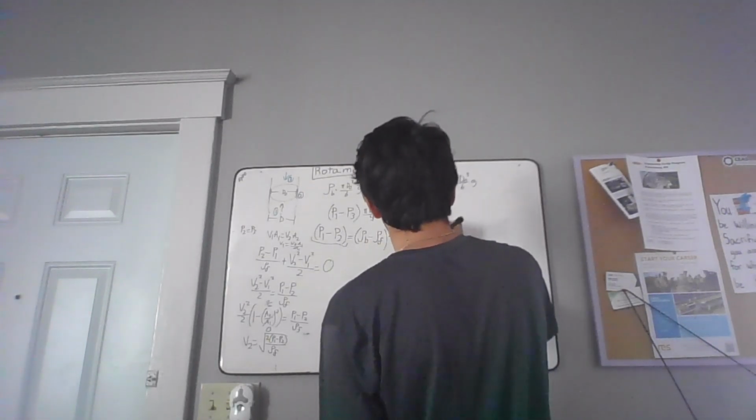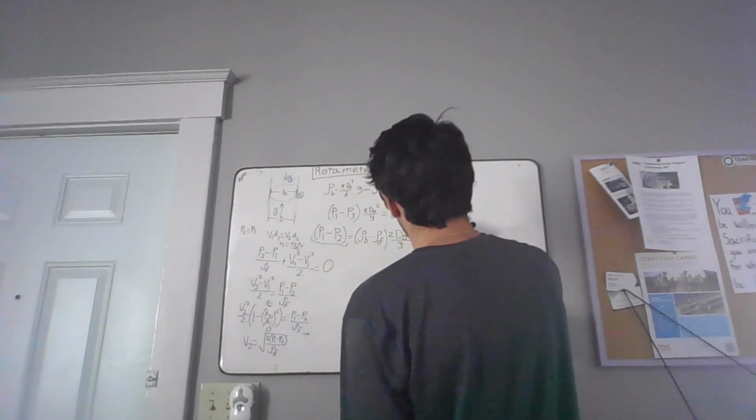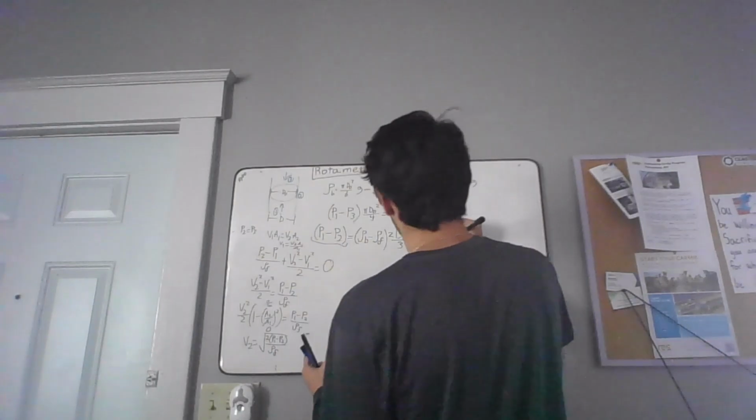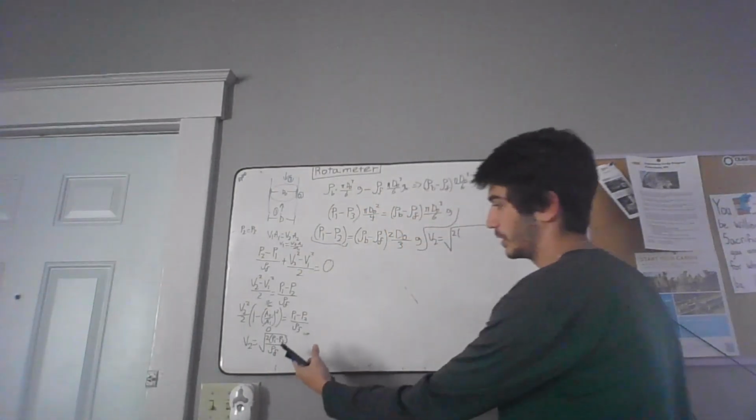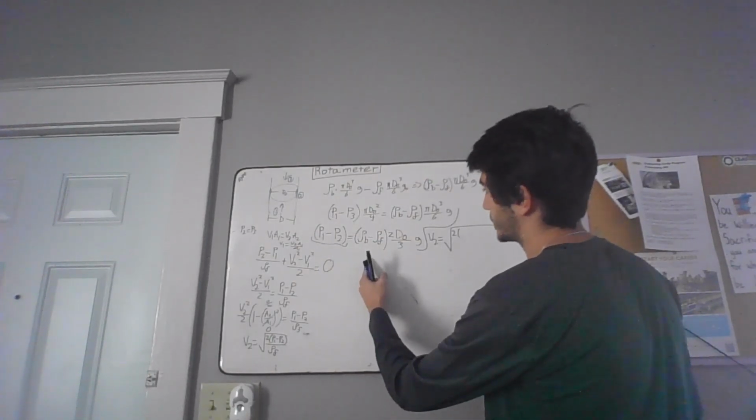So if we write this expression for V2, we're going to get the square root of 2, then put in P1 minus P2, we put this expression in.